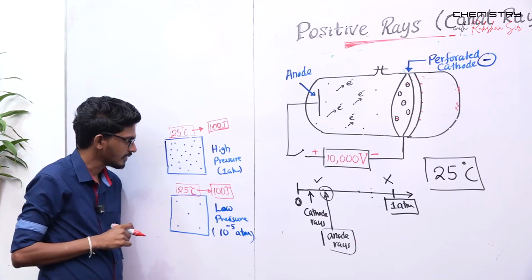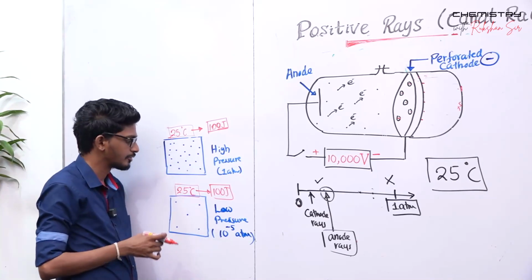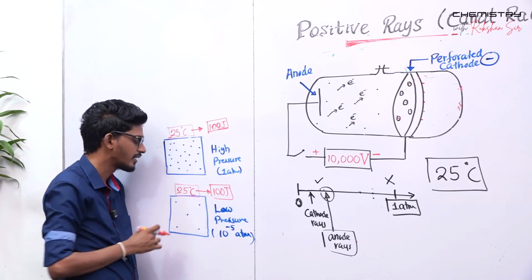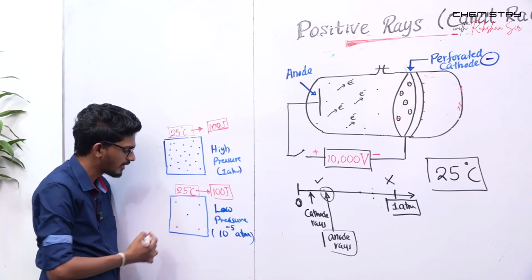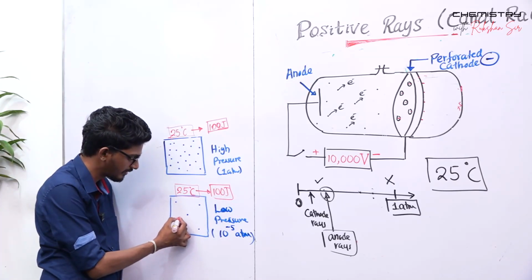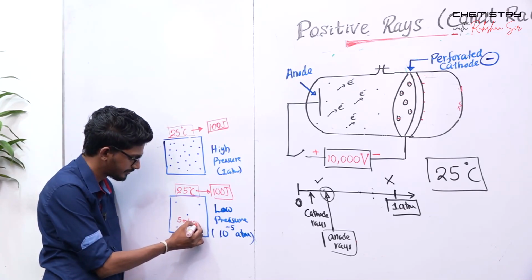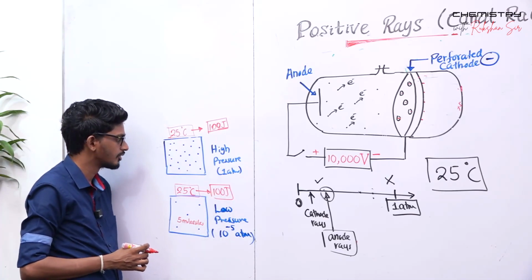But in this case, some special thing happens. This 100 joules of energy will be absorbed by only 5 particles. Let's say only 5 molecules are there. So 100 joules of energy will be absorbed by 5 gas molecules.